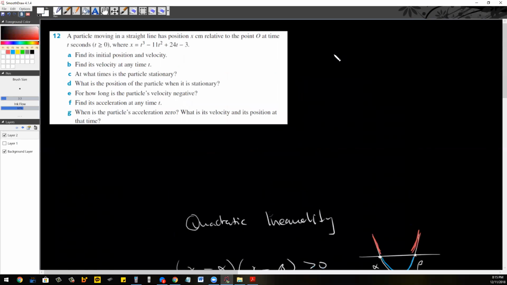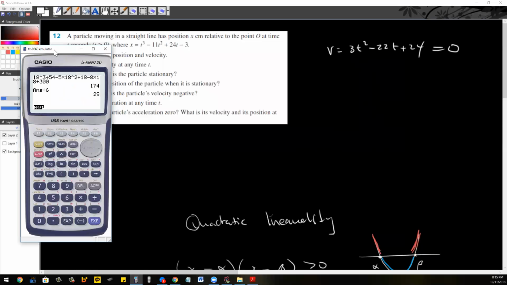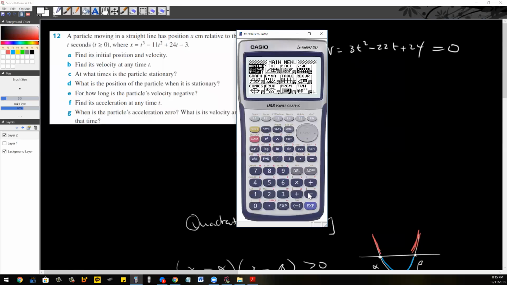Now, we have this velocity. Velocity is equal to 3t squared minus 22t plus 24. Is that right? If we factorize this one, I'm just going to let this equal 0. I'm not going to bother factorizing, I'm just going to use my calculator. Equation, polynomial degree 2.